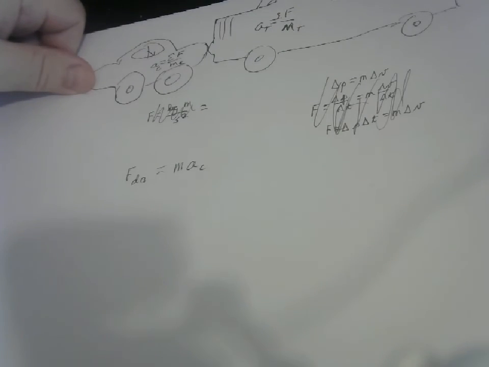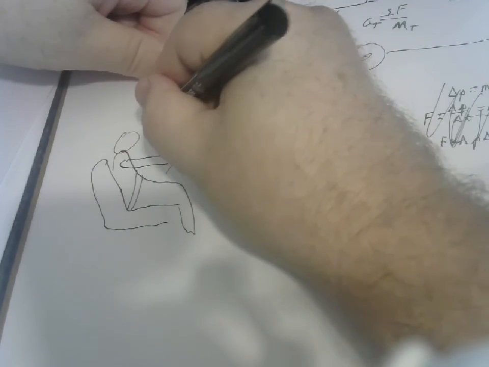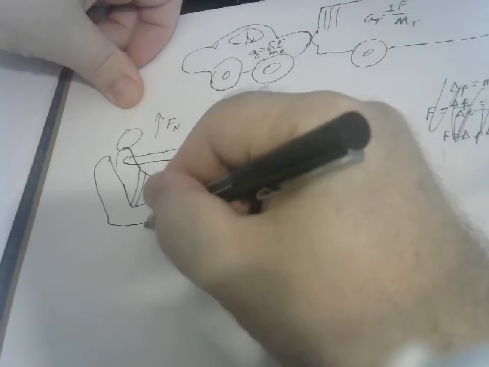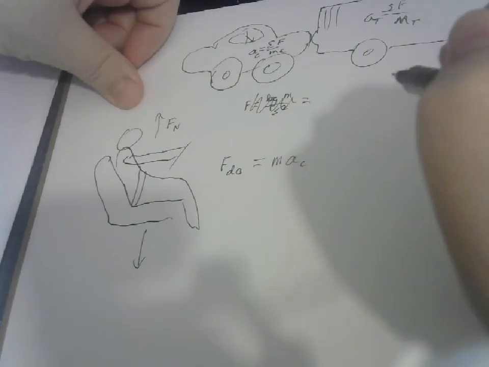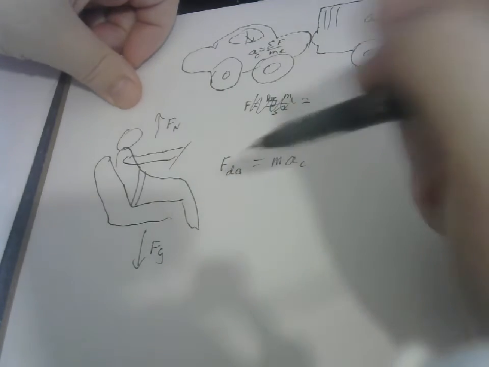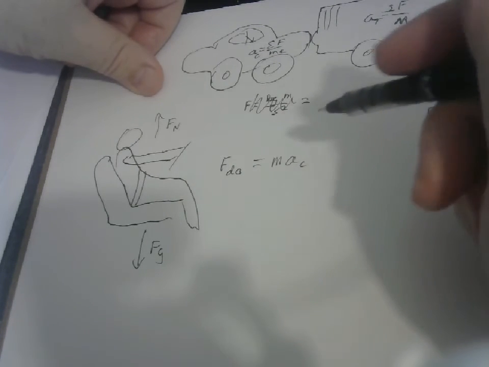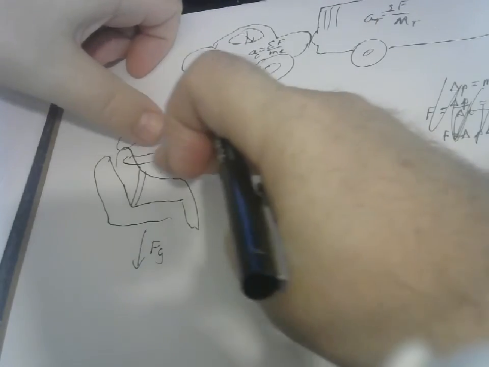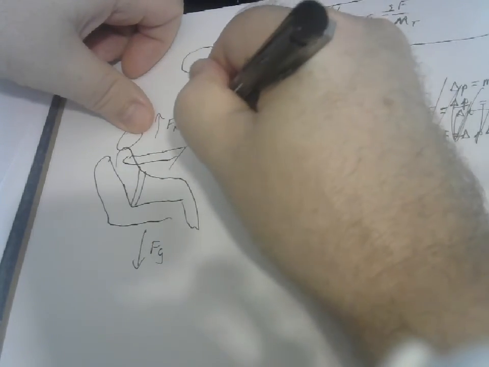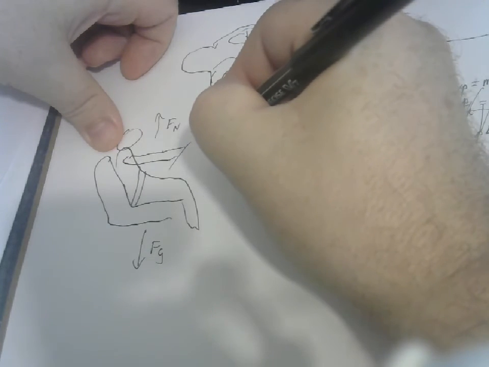Let's make a little force diagram. Basically, he's going to have the normal force pushing up. He's going to have the force of gravity pushing down, and those are basically going to cancel each other because he's not accelerating upward or downward.